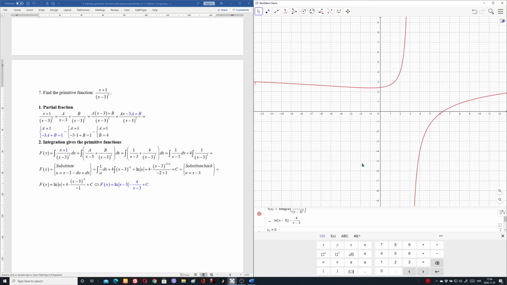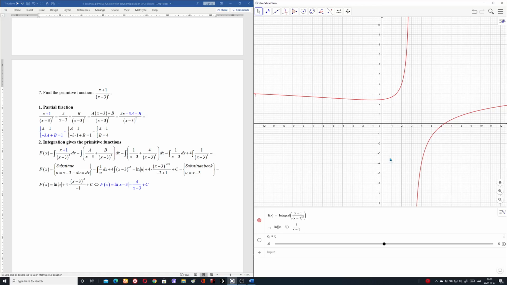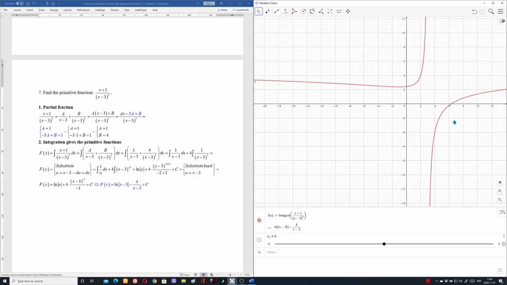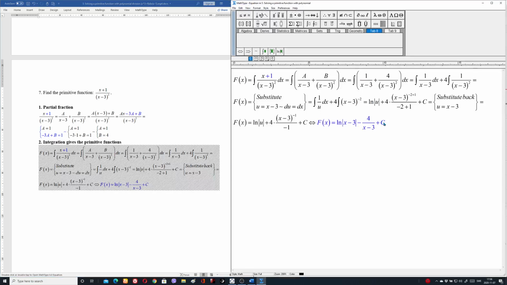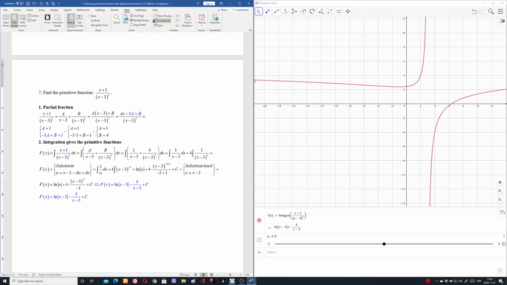Okay, so now if you like to have this graph in your calculation, you can do some, for example, I will copy this one here. I will show you how you can put in this equation here, and math type here.